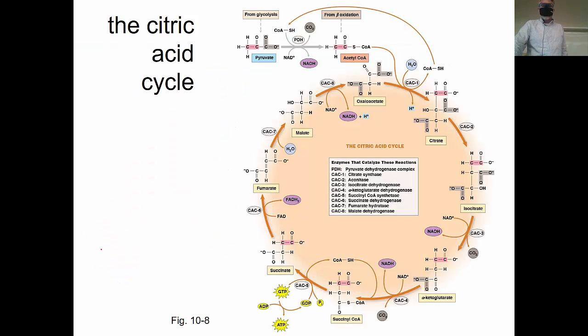And so here it is in detail. You don't need to know this level of detail, but it's super interesting, and you might want to look through that. Again, I think many of you have seen the TCA cycle before, but you probably haven't memorized it.